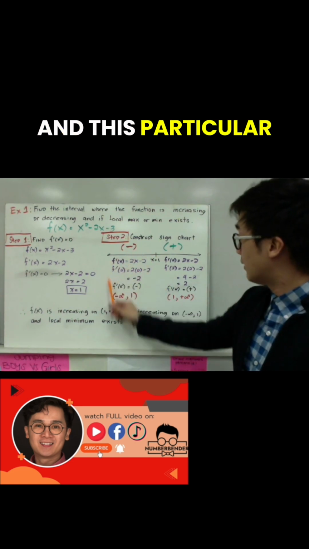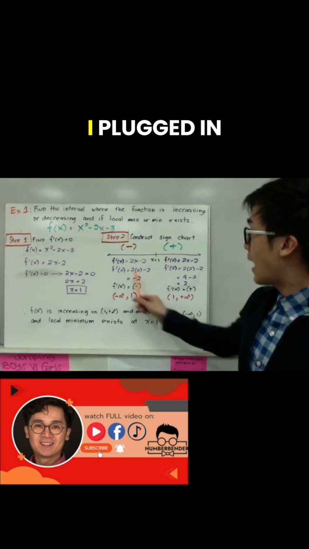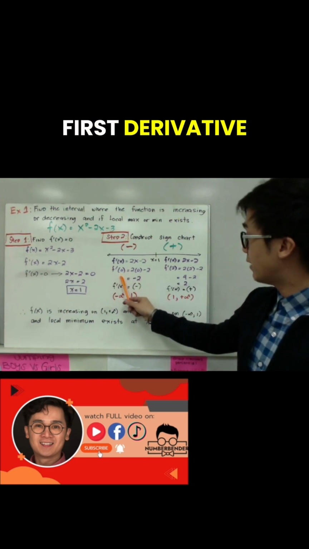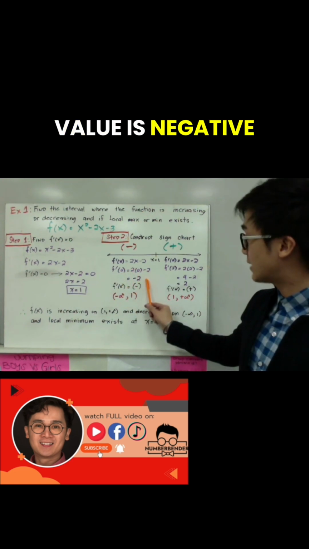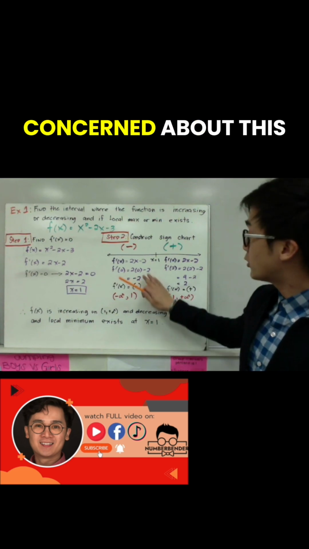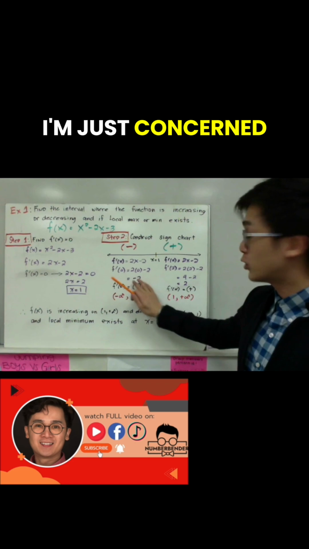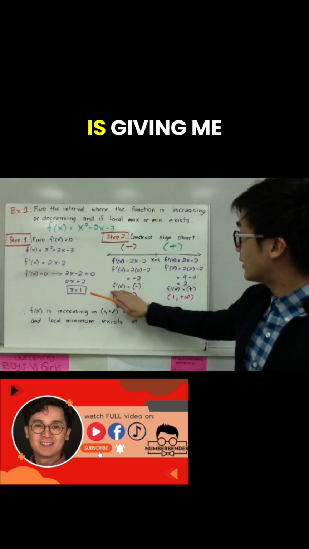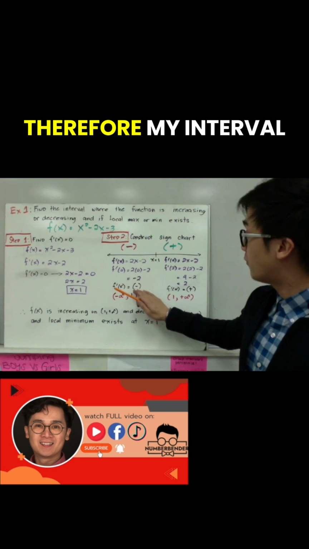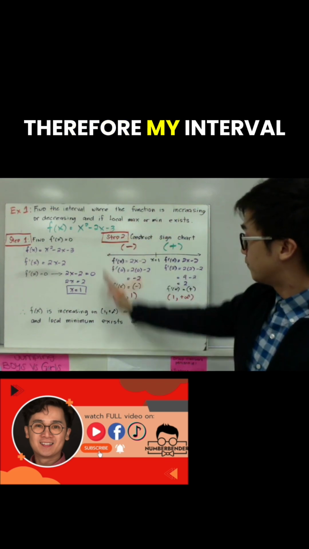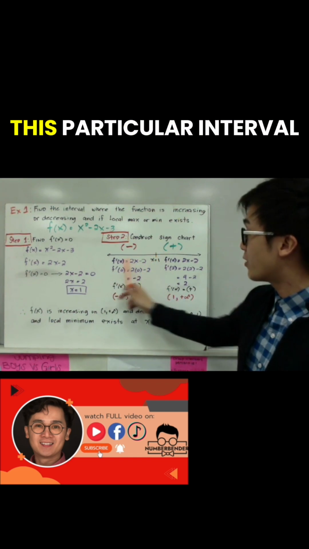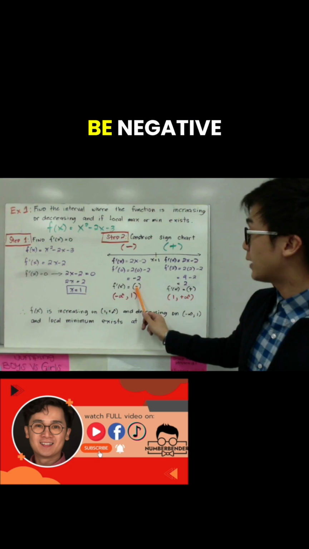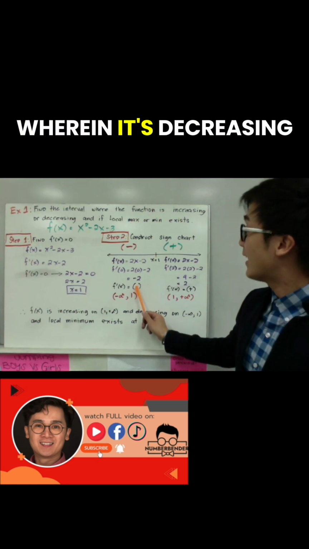In this example, I plugged in 0 for my first derivative and found that my value is negative 2. I'm not concerned about the numerical value, just its sign. The sign is negative, therefore the behavior of the graph on this interval is decreasing.